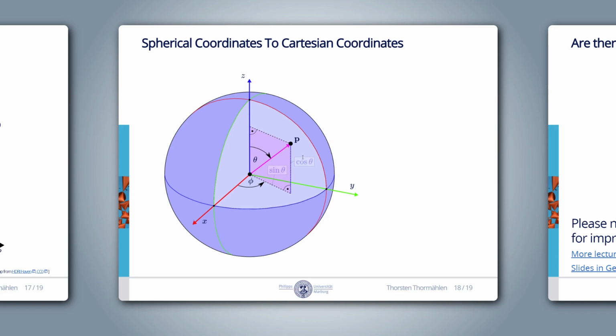When the vector to point P has length 1, this line segment has a length cosine theta, and this line segment has a length sine theta. Next, we consider the xy plane. If this segment has a length of sine theta, the red segment has a length of sine theta times cosine phi. The green line segment has a length of sine theta times sine phi. The lengths of the red, green and blue line segments correspond to the x, y and z coordinates of the point P. This gives us this equation for the Cartesian coordinates.